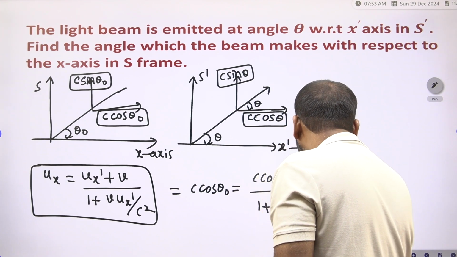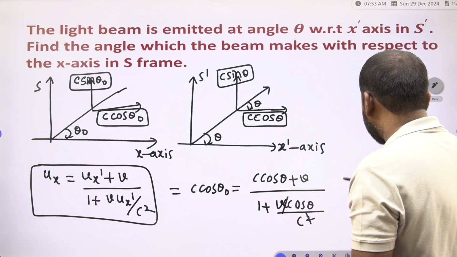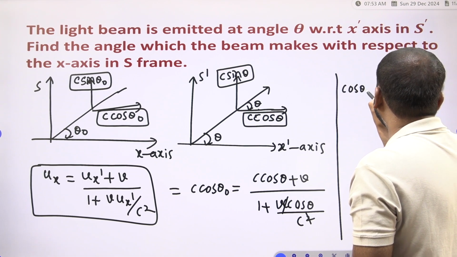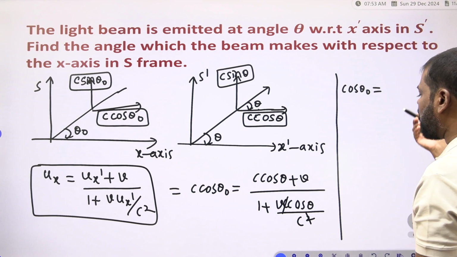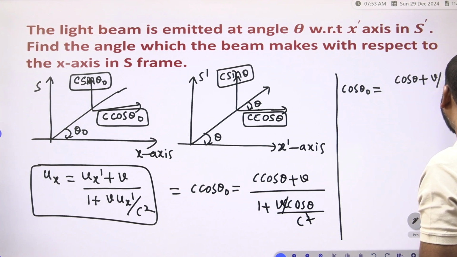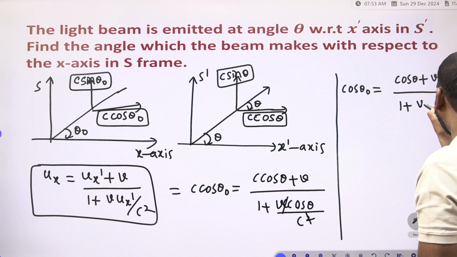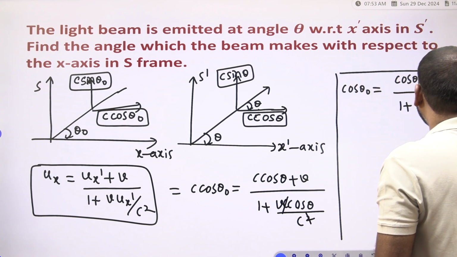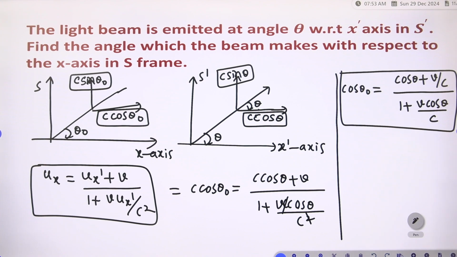C cos theta divided by c square, one c gets cancelled. Therefore, we have to write cos theta naught is equal to, because I am bringing the c value to this side, cos theta plus v by c divided by 1 plus v cos theta divided by c. This is the relation between cos theta naught and cos theta.